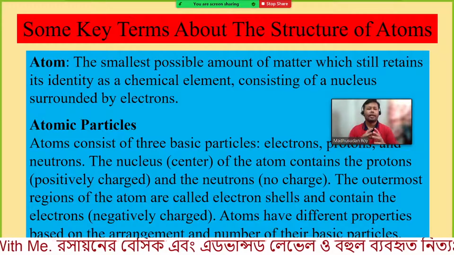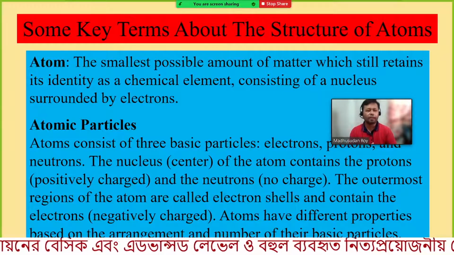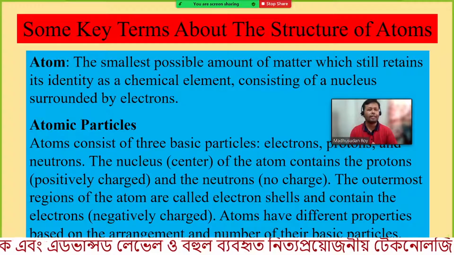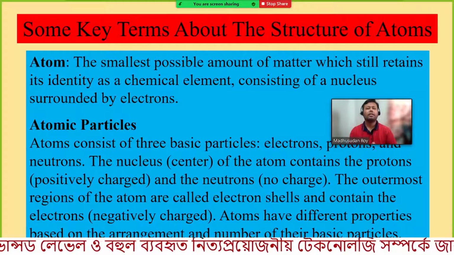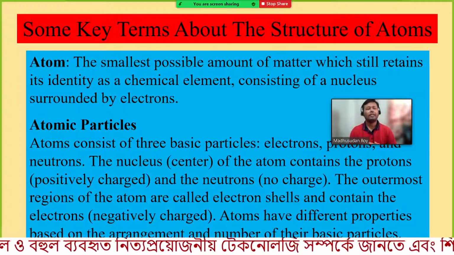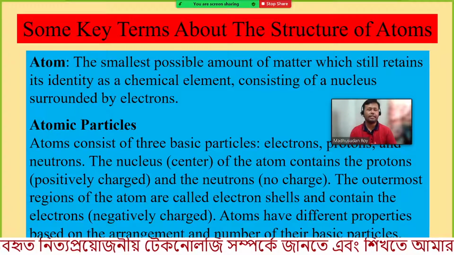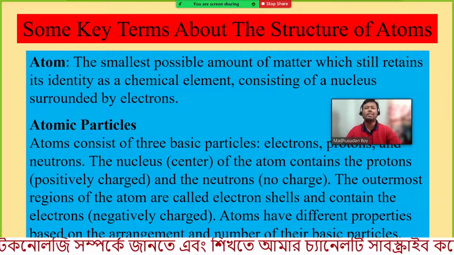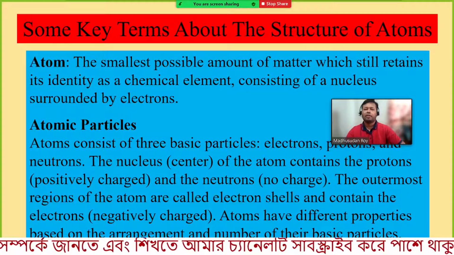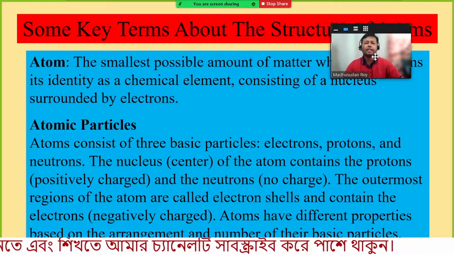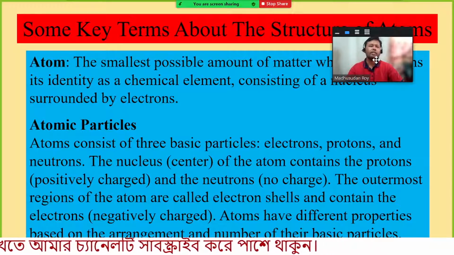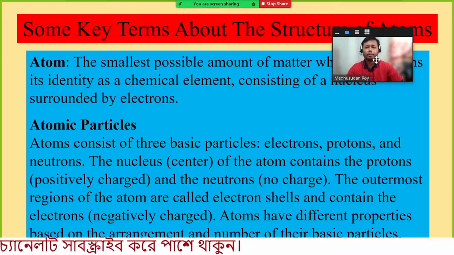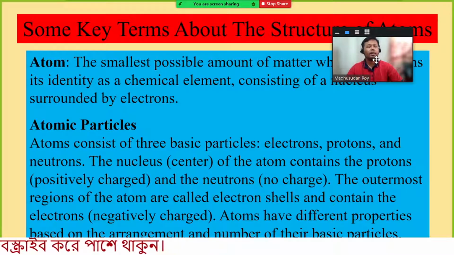So an atom is the smallest part of any substance that still retains its original identity or property, consisting of a nucleus surrounded by electrons. And what are the atomic particles? You are very familiar: electrons, protons, neutrons.